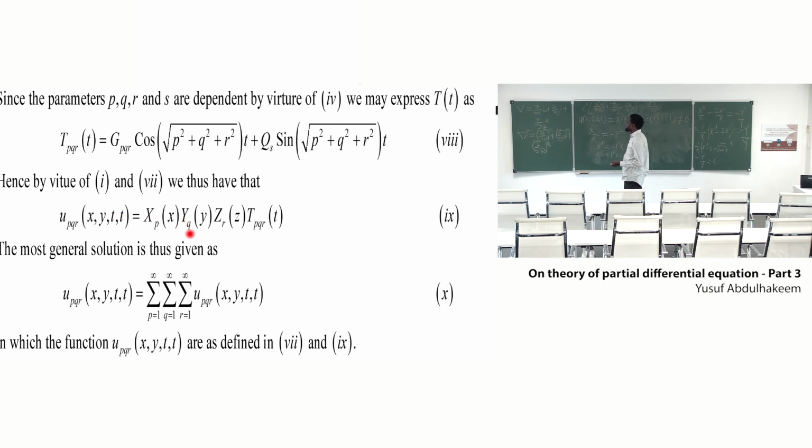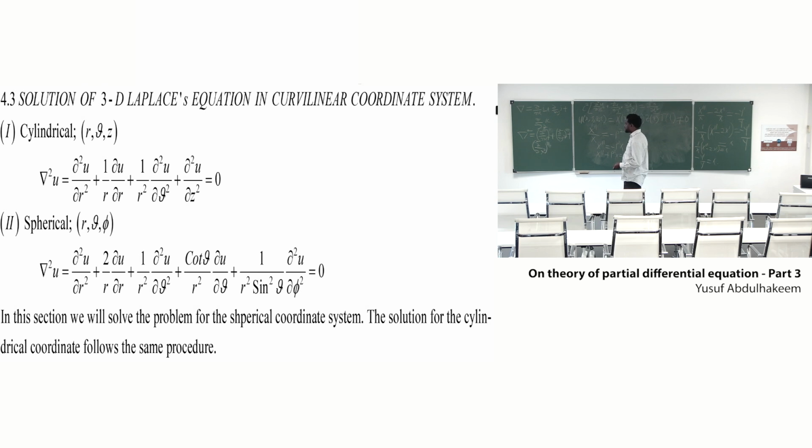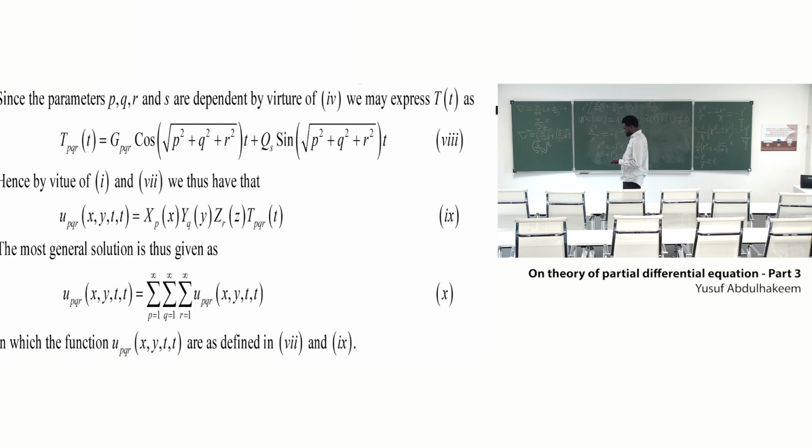You can see it is now going to be the product of all this. That is the most general solution, given as what we have here, in which the function Z, not T, please, is as defined in 7 and 6. So that is the general solution for that differential equation.